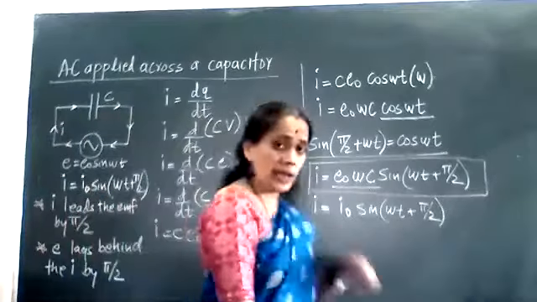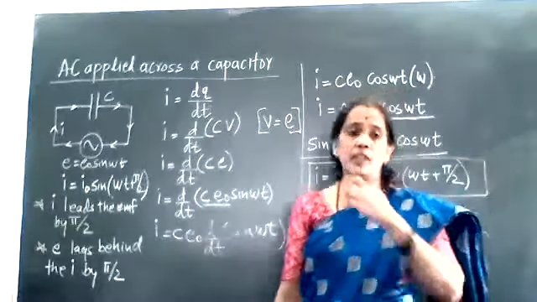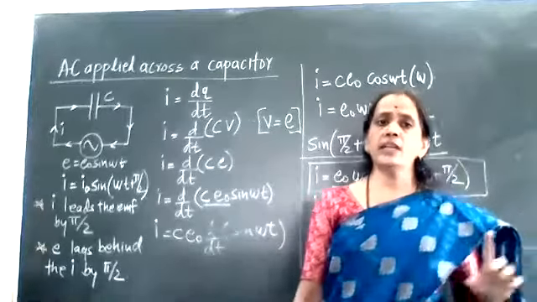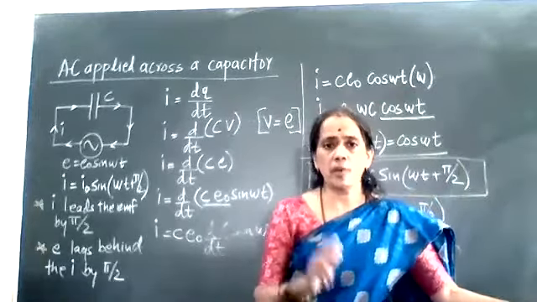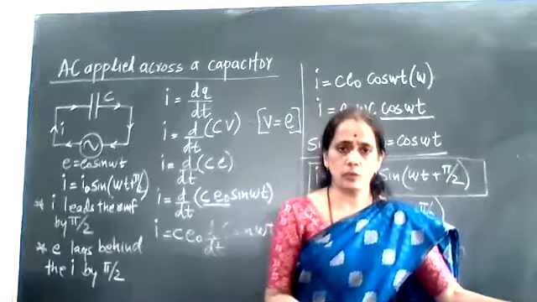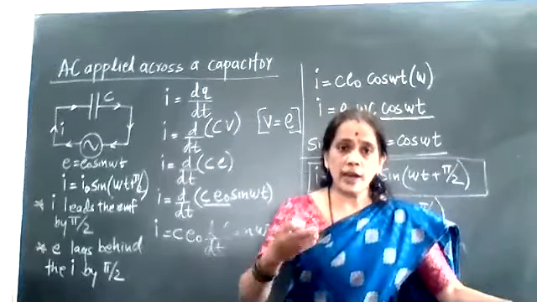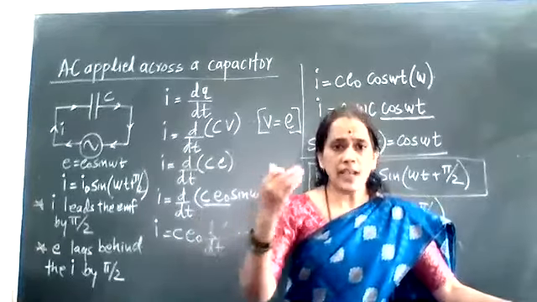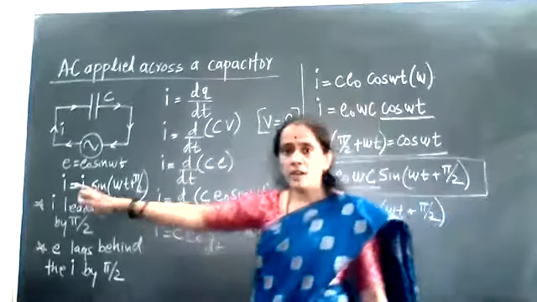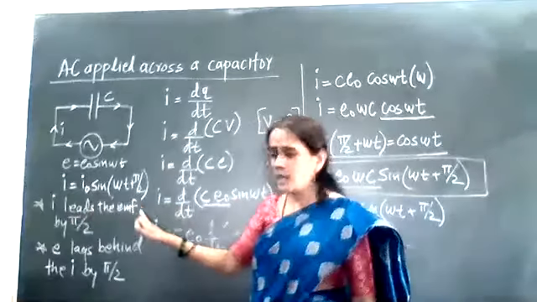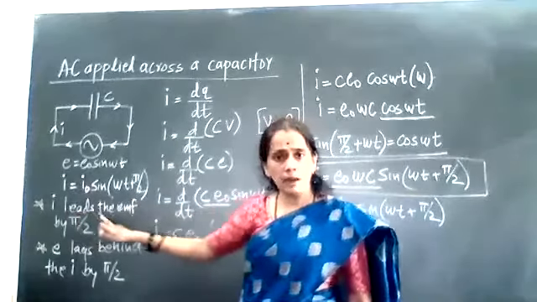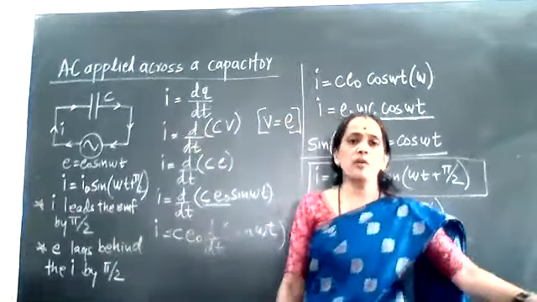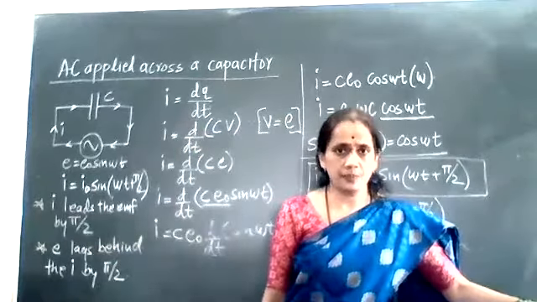Clear? Why? Because in the EMF equation, your phase angle is omega t, and in the current equation, your phase angle is omega t plus pi by 2. So your current is ahead by which angle? Pi by 2. That's why it is said that current leads the EMF by angle pi by 2 when a capacitor is applied across the AC circuit.